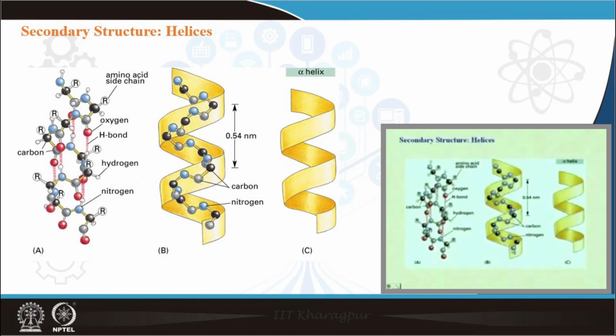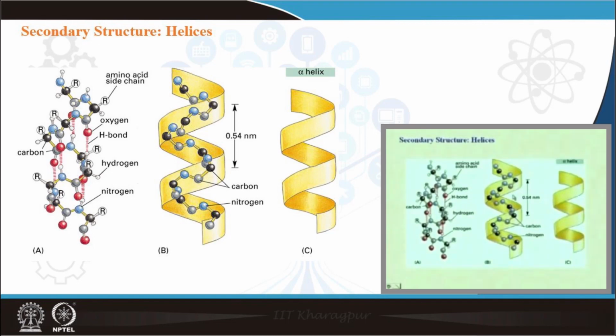And what do I have along the helix? We have the nitrogen of the amino acid, the C alpha of the amino acid, and the C of the amino acid. So we have the 2 carbons and the nitrogen. Now, this is what is called the pitch. What is a pitch?